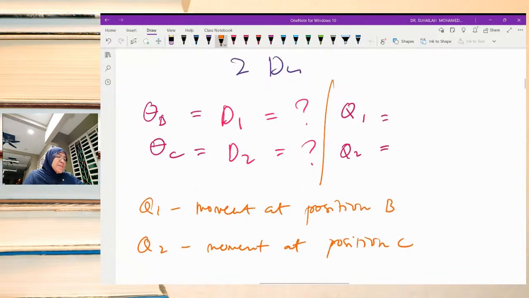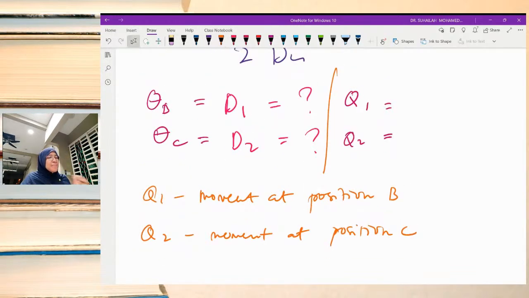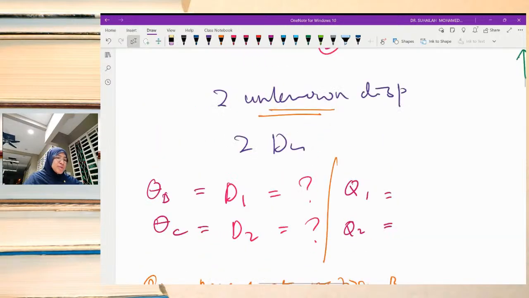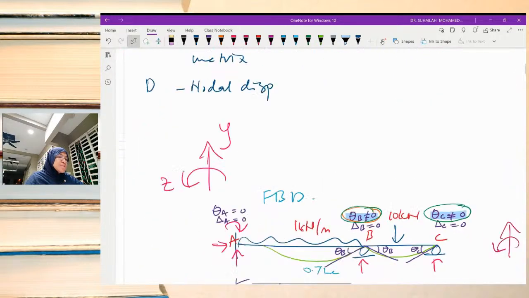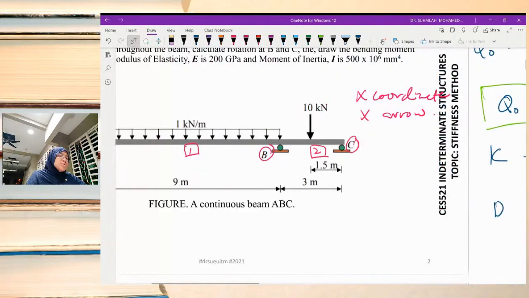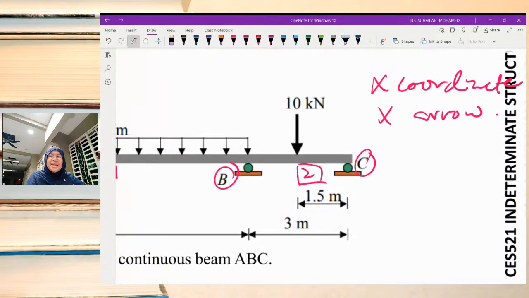Look at position B and at position C and find the moment value if it is given in the question. Back to the question: there is no moment at B, there is no moment at C. So, what does it mean?